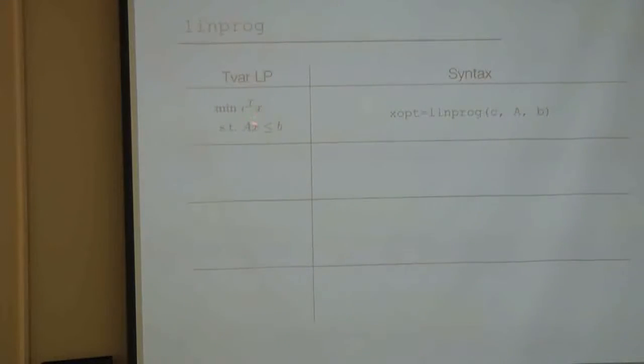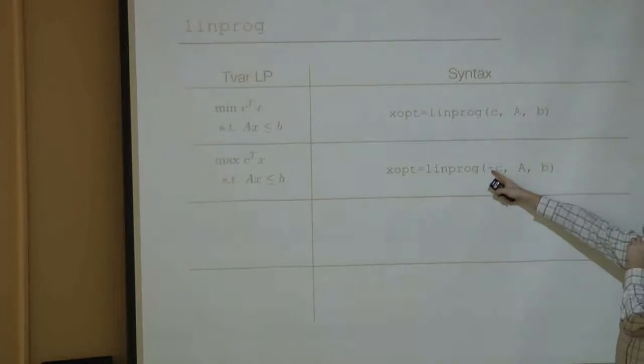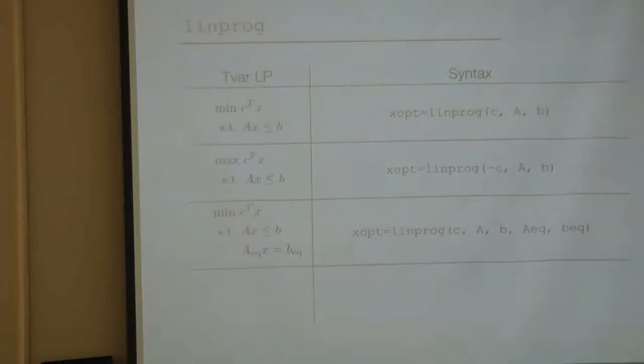So if you just want to minimize the objective function subject to inequalities, as the first input you provide the vector of C's, which multiply the decision variables in the cost function, and then A and b for the constraints. Again, if you have maximization, all you need to do is to put minus in front of the C. If you have equality constraints, you can provide them here, and if you have lower and upper bounds, you can provide them there.